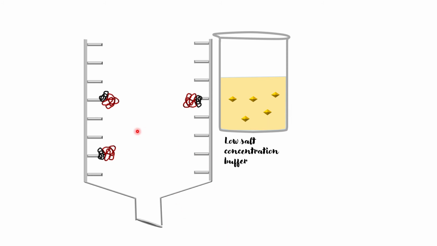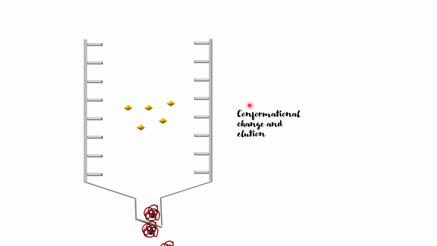Here the protein molecule has a hydrophobic patch exposed, but the low salt concentration has a high aqueous concentration, and our molecule of interest will undergo a conformational change, get into its native position, and get eluted out. So this is how HIC chromatography works.